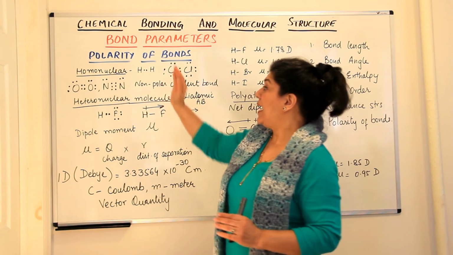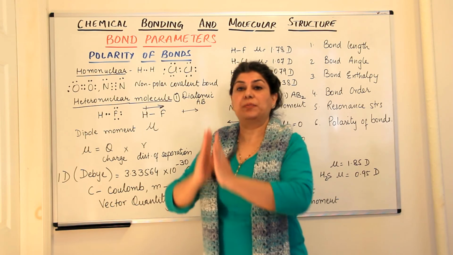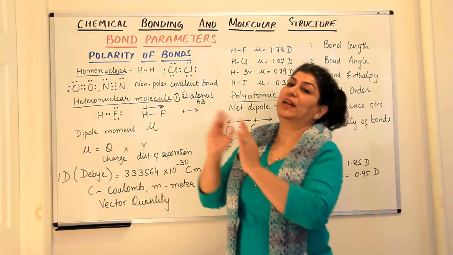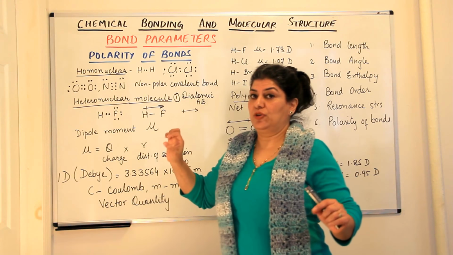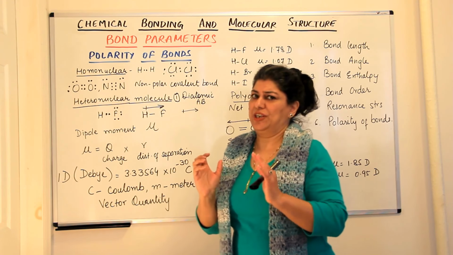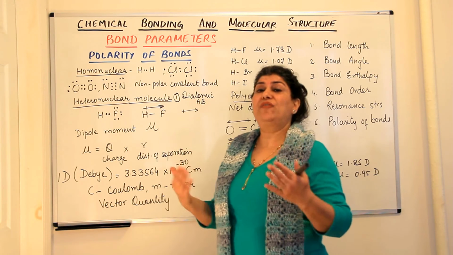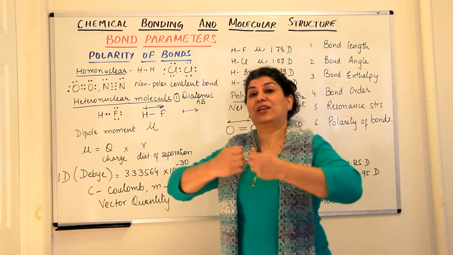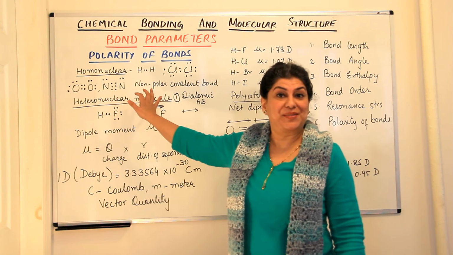We drew this in Lewis structures, that the shared pair of electrons comes in between, and the two atoms share this pair of electrons evenly. So both the hydrogens have the same deficiency, they have the same nucleus, they are identical in everything, therefore their electronegativities are also the same, and hence the shared pair of electrons should be shared equally by the two atoms.